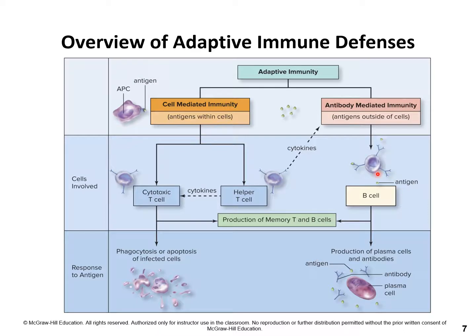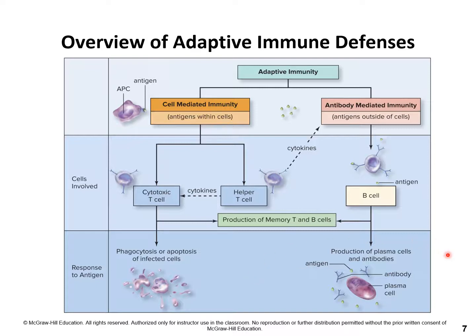And so once you have both of these pathways working, both of these pathways are going to lead to the production of memory T cells as well as memory B cells. So after the infection is over, those memory T cells and memory B cells hang around in the circulation.